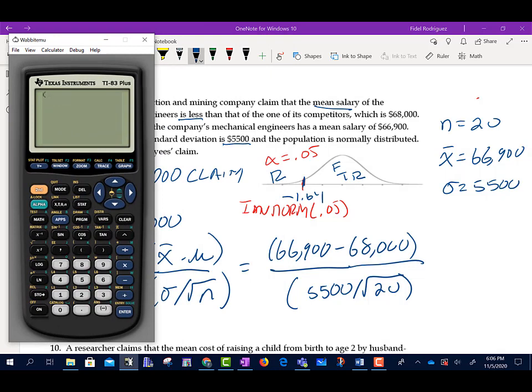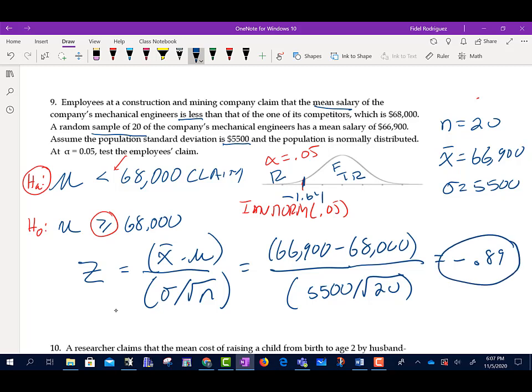Okay, parentheses, 66,900 minus 68,000, okay, close that off, divided by 5,500, divided by the square root of 20, okay. Close my parentheses off and hit enter. And the z-value that I'm coming up with here, remember this is going to be my z-value, I'm coming up with a negative 0.89.